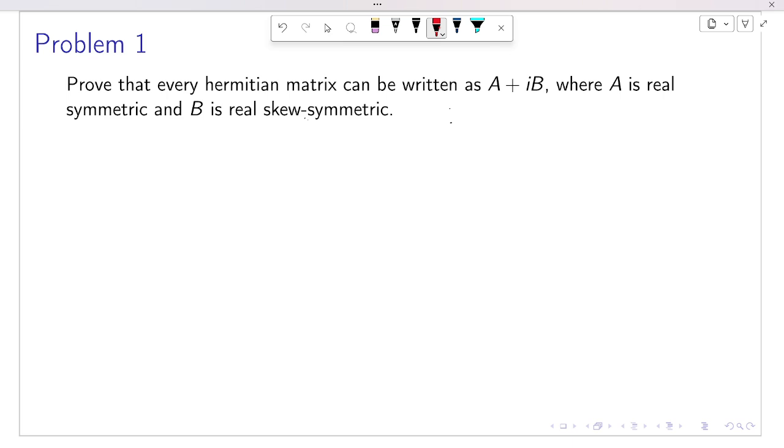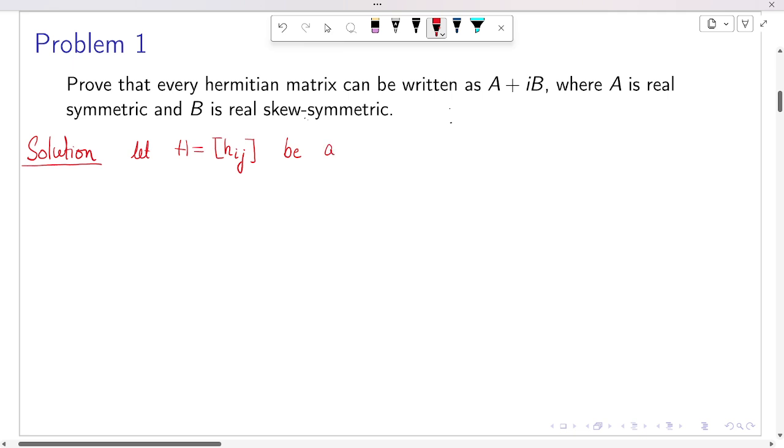Solution. We wanted to write a Hermitian matrix as A plus iota B. Let H be a Hermitian matrix, and let us write the ijth entry of H as Hij.